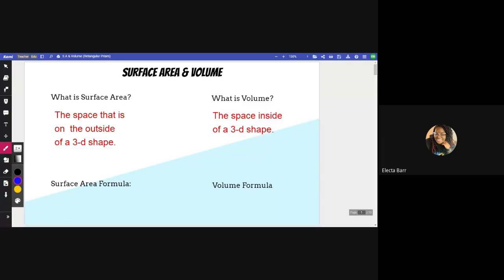So the volume formula is length times width times height. When you multiply all three of those, that is your volume.